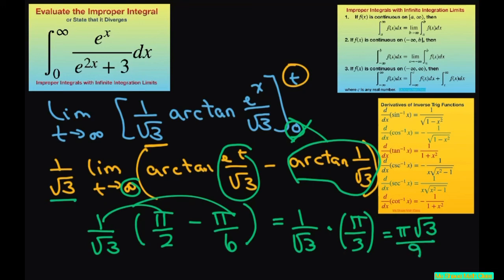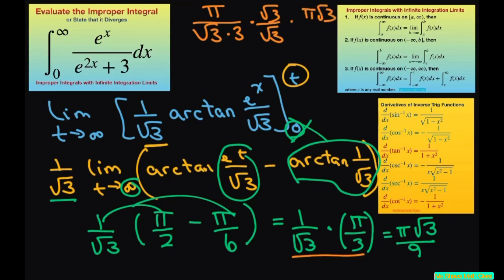Real quick here, I had pi divided by square root of 3 times 3, and all I did was rationalize the denominator. So that's just going to be pi square root of 3, and when you multiply these two, that's going to give you 3 times 3 is 9. So that's where I came up with that. So this is convergent.